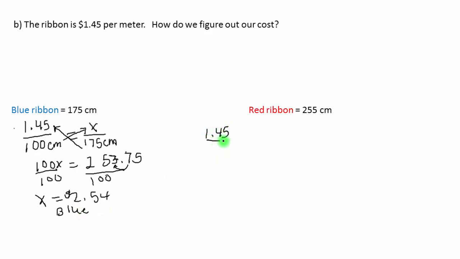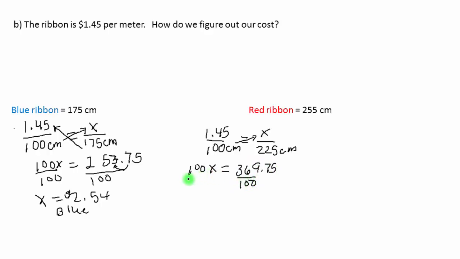Now over here is the red ribbon. We'll start with the same proportion. We're looking for the cost of the red ribbon, which is, we have 250 centimeters of it. Same type of math. And when we multiply these two, we get 625.